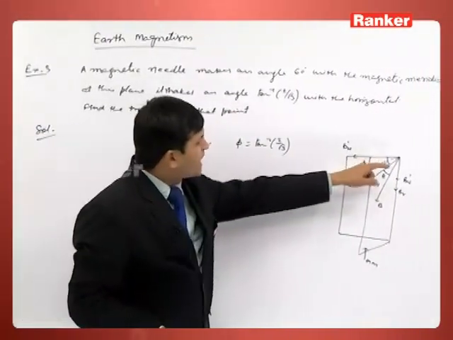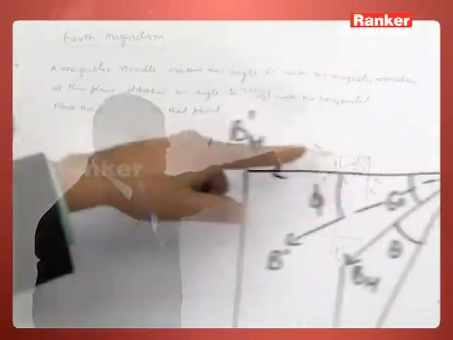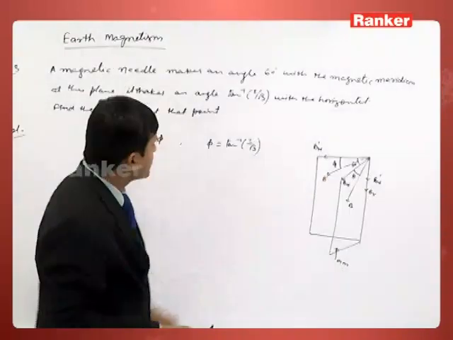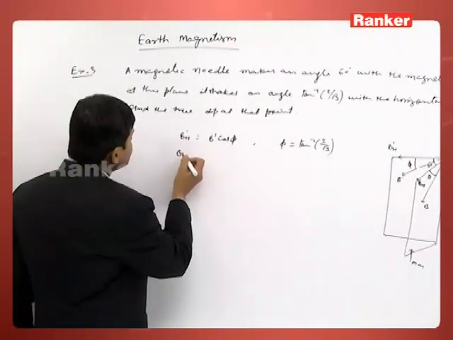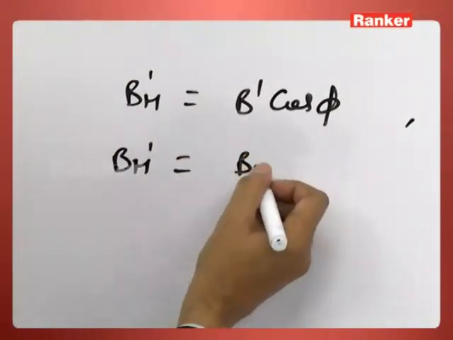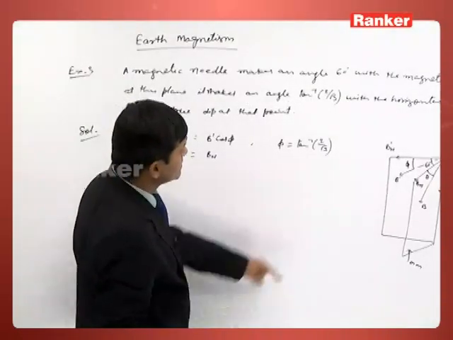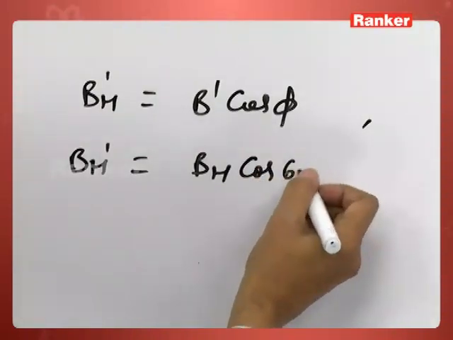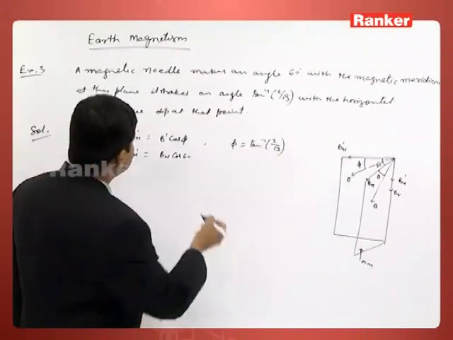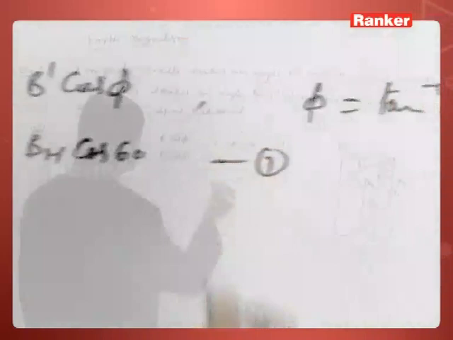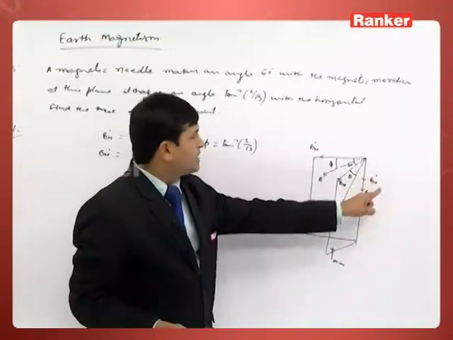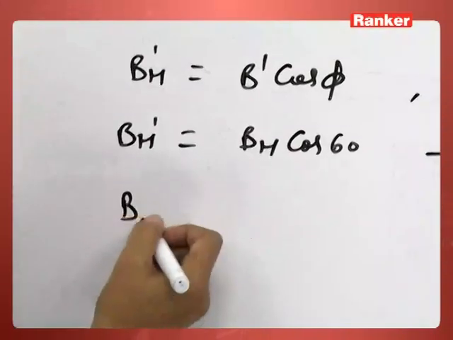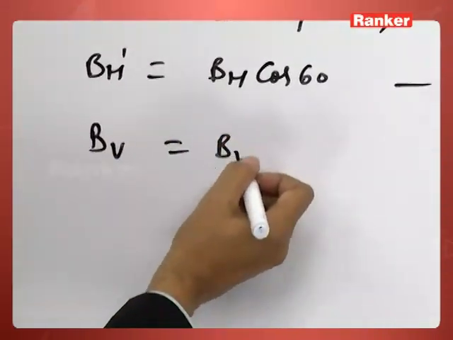So BH dash is the horizontal magnetic field in that plane in which the needle is lying, but the actual BH is this. So BH dash is also written as BH cos 60. This is, we can say, the first equation. Similarly, in the vertical direction it will be the same. Vertical component BV is equal to BV dash.